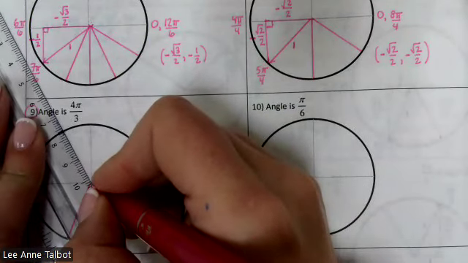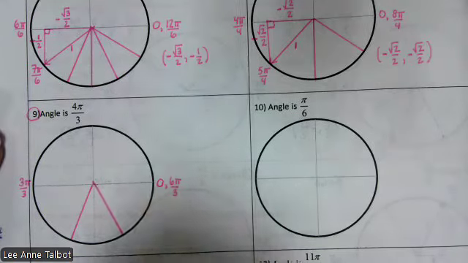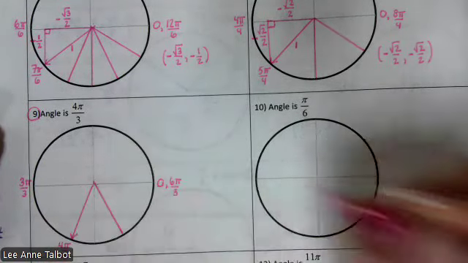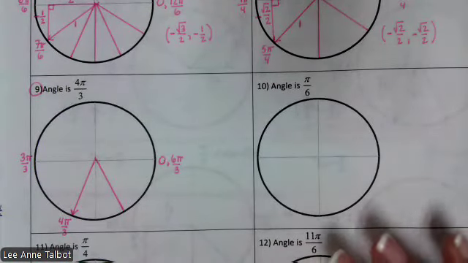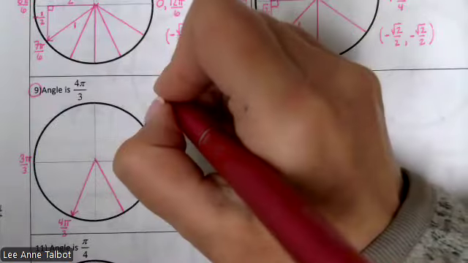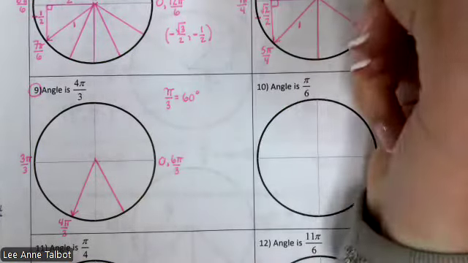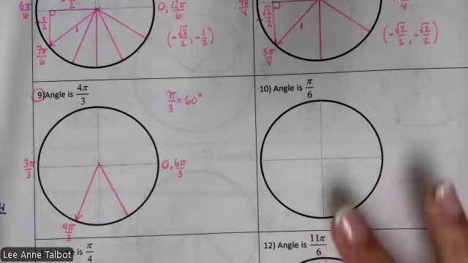Break up the bottom into thirds. Reference angle is, yep, pi over 3, which is 60, which means we need to go back to the good old 30, 60, 90.